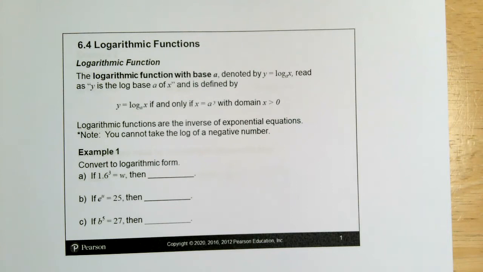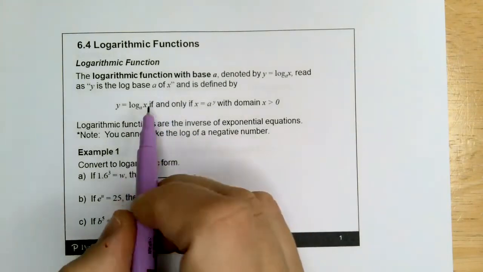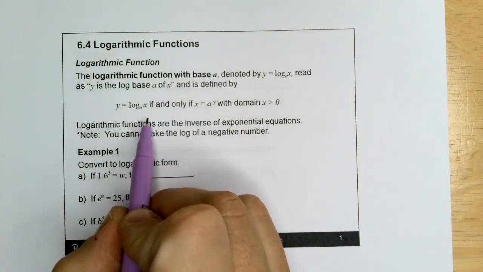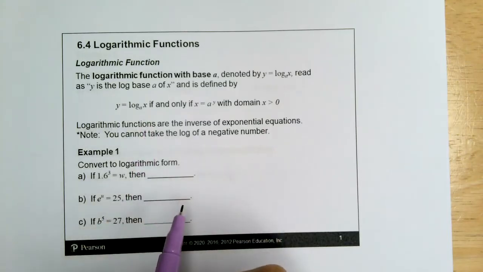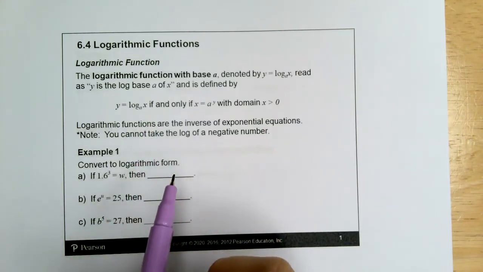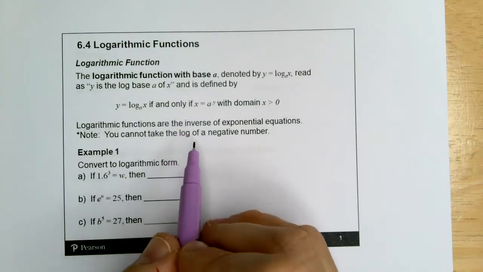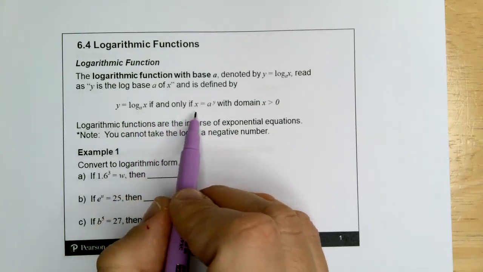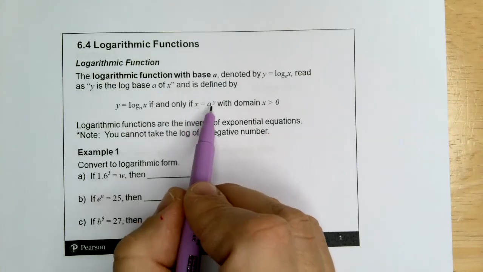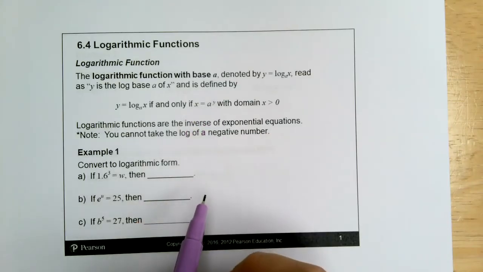If log base a of x is what undoes 2 to the x equals 5, then I need to learn how to convert between the logarithmic form and the exponential form. y equals log base a of x if and only if x equals a to the power of y.